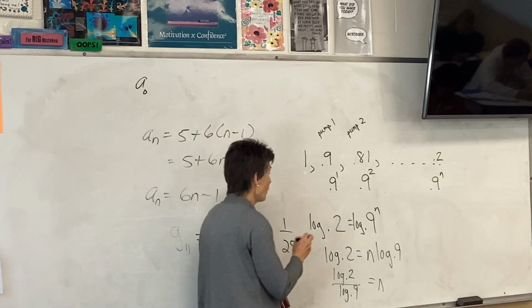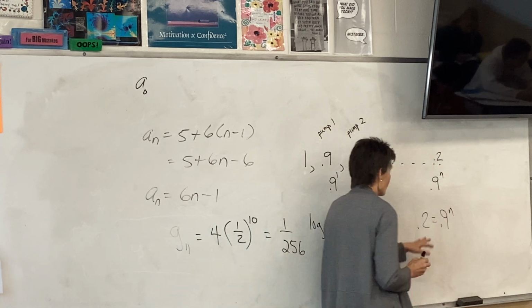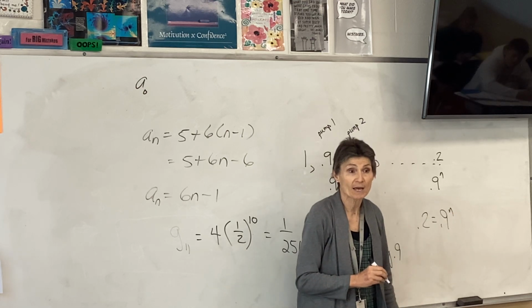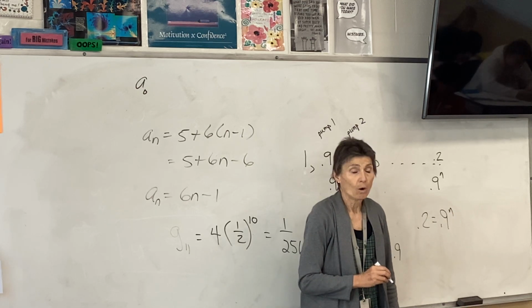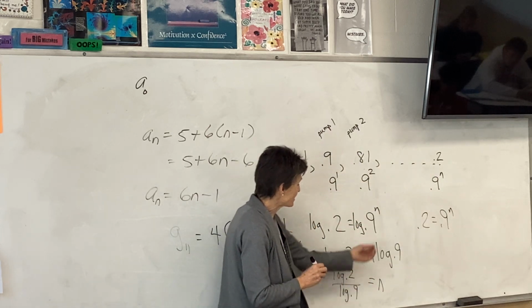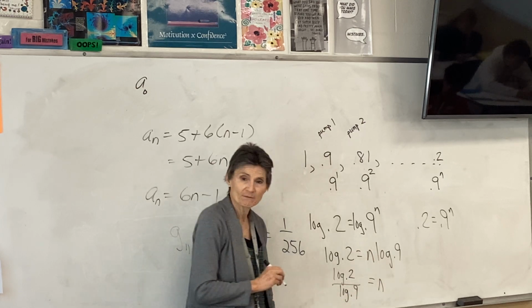So at this point, you are either going to graph this equation and see where they cross, or you are going to take the logarithm of both sides so that you can pluck that exponent off and do the division.